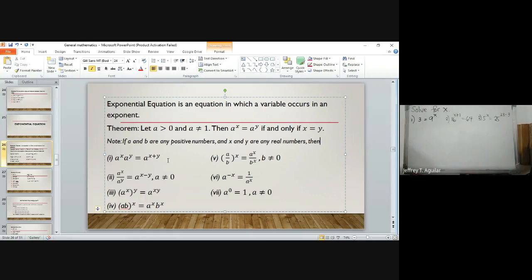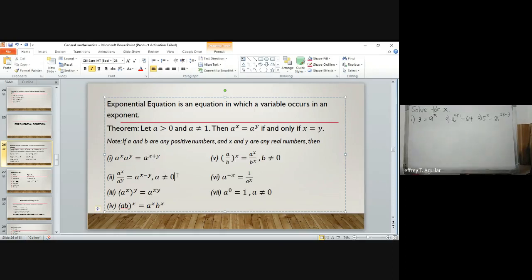The first property says that if you have a to the x times a to the y, then it has a corresponding exponential expression of a to the x plus y. Which means that if you are going to multiply two exponential figures, if only they have the same base, then all you have to do is to add exponents.